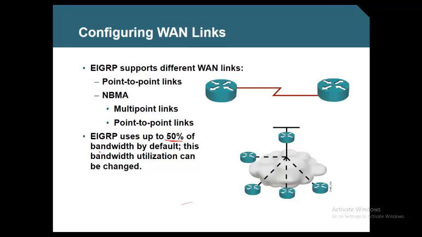It won't allow other traffic to use it. It will block half of it. So if you have 50 kbps, it is going to take 25K for EIGRP.